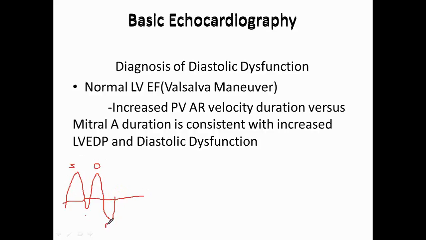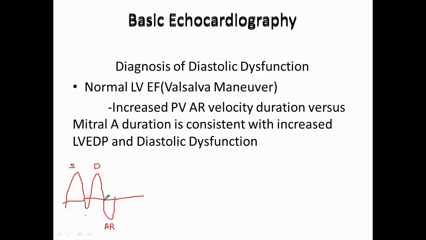So remember, when the pulmonary vein flows, blood is going to flow from the pulmonary vein into the left atrium. In ventricular systole, blood is going to flow into the left atrium. In ventricular diastole, blood is still going to flow into the left atrium. But when the atrium contracts, it's going to push blood back into the pulmonary vein.